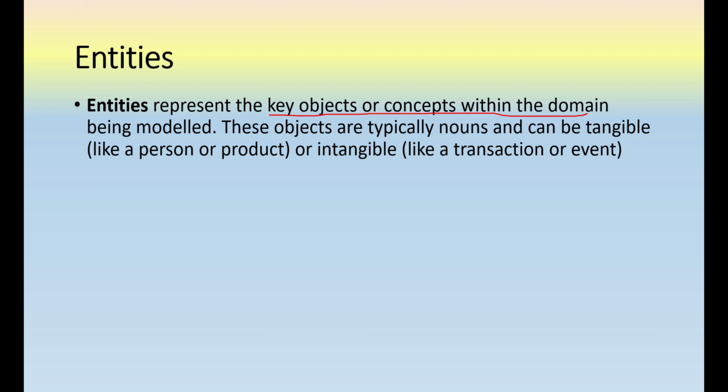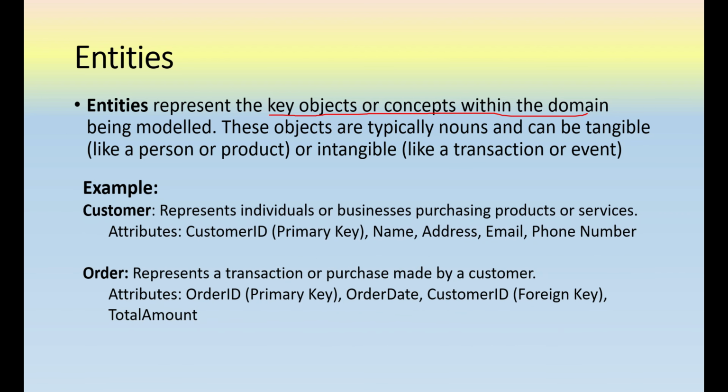And these objects are typically nouns and can be tangible. Noun means you can consider it like a person or a product, right? And it can be intangible also, for example a transaction or event. So let's take an example. It can be a noun and tangible, so a person or a product.